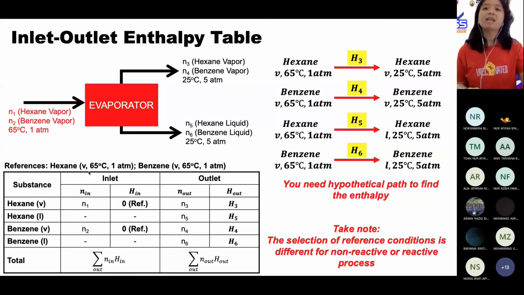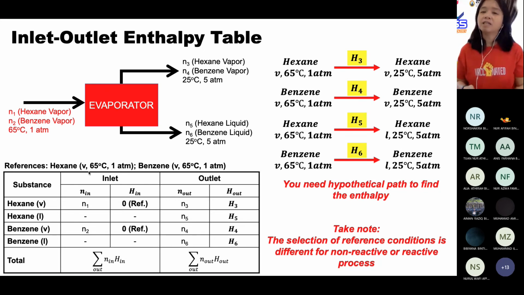For example, for hexane, you have to have its own reference condition. For benzene, its own reference condition. And the condition must include 3 important pieces of information: temperature, pressure and the phase of the compound. So for example for hexane, the reference condition is vapor, 65 Celsius, 1 atm.